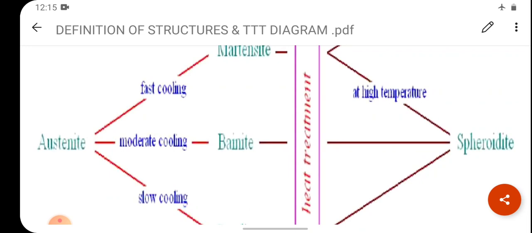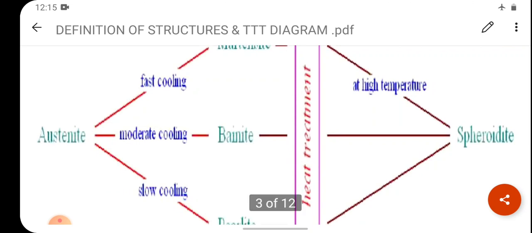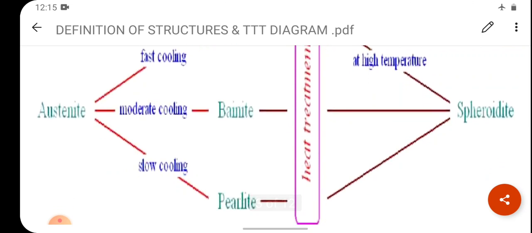So if austenite is cooled fast, or you can say fast cooling, we will get a new structure, that is martensite structure. And in case of moderate cooling, we will get bainite. And if we cool the austenite at a slow rate, we will get perlite.